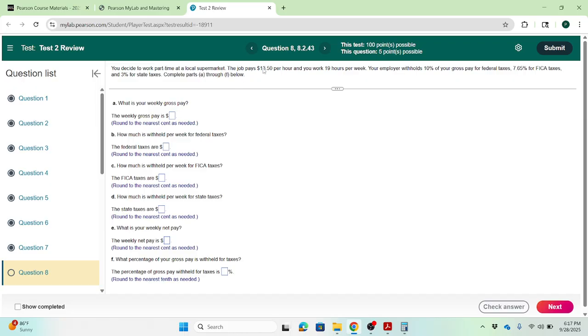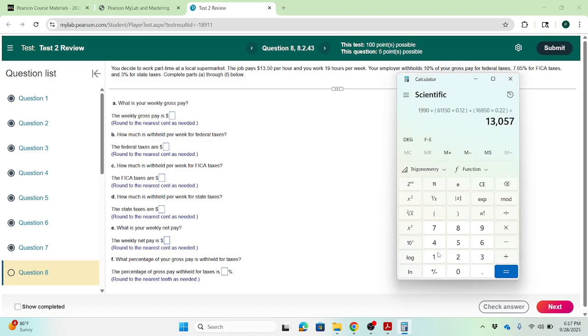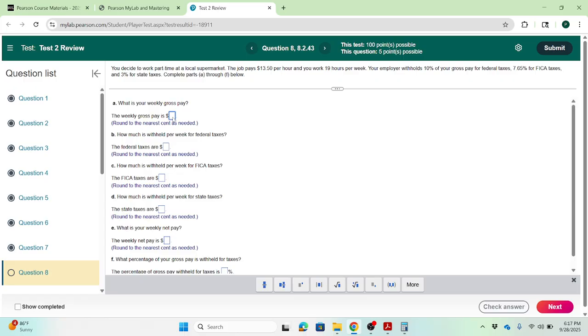So gross pay means without holding the taxes. So that is $13.50 times how many hours? 19 hours. So that is the gross pay, which is 256 bucks 50 cents. That's the gross pay.